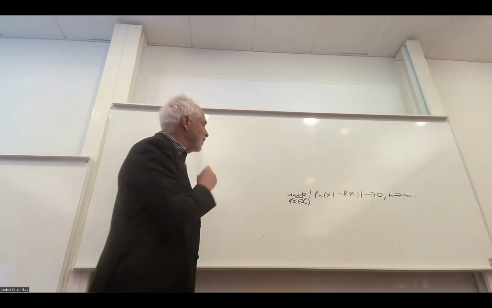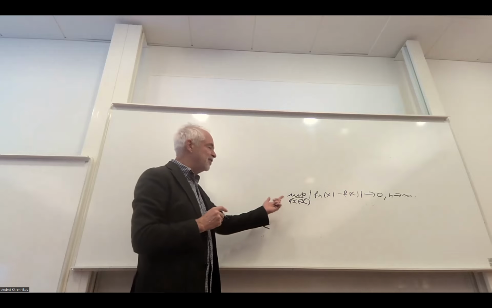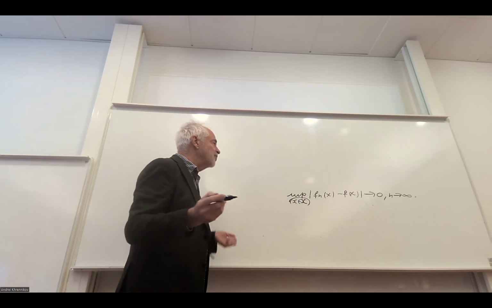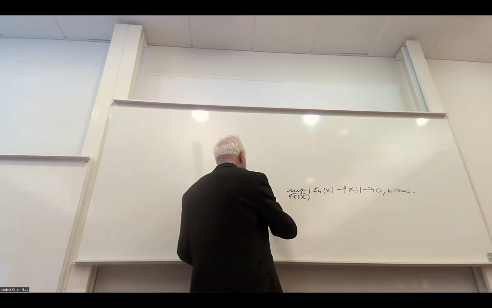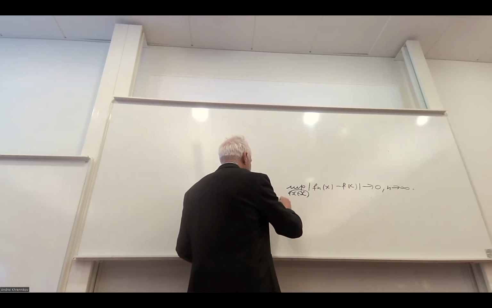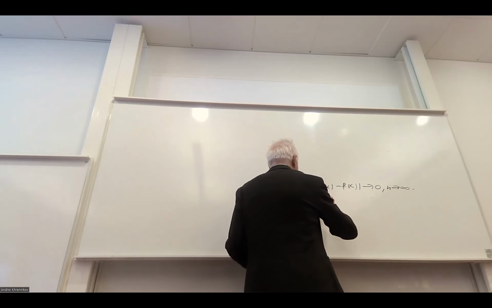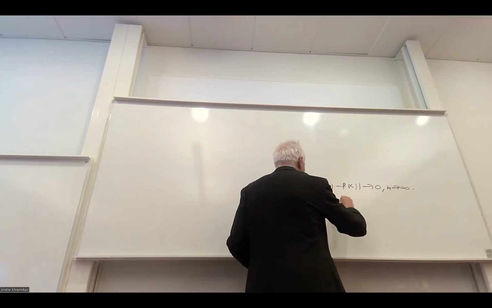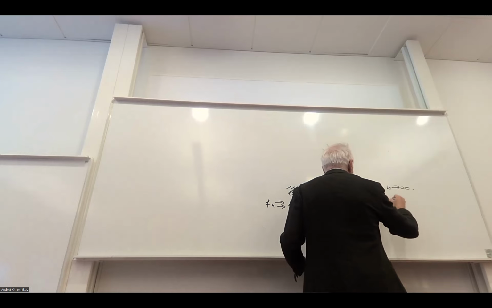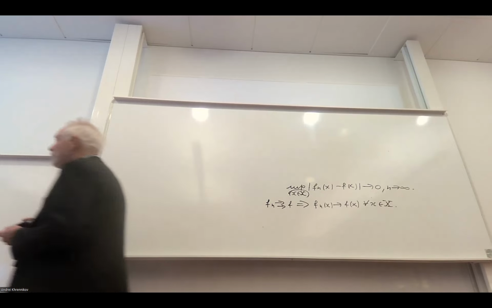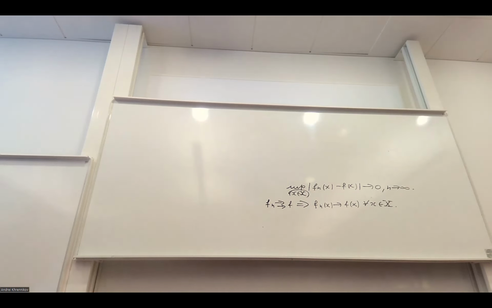So we have this, and it's clear that if its supremum goes to 0, in any point of course it goes to 0. It is evident that fn goes to f uniformly implies fn(x) goes to f(x) for any x in X. So uniform convergence, of course, implies pointwise convergence.